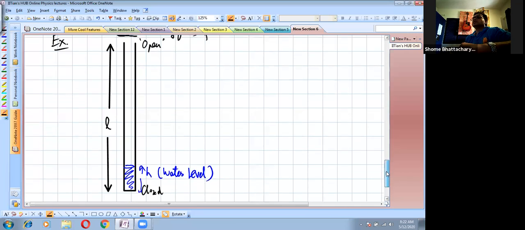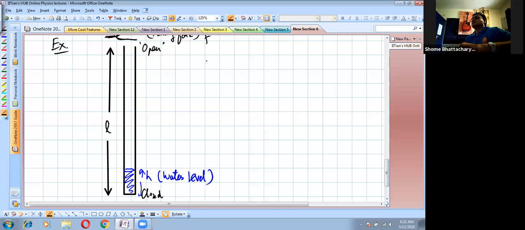So what we observe is that the first resonance occurs for the height of the water column being 5 centimeters.